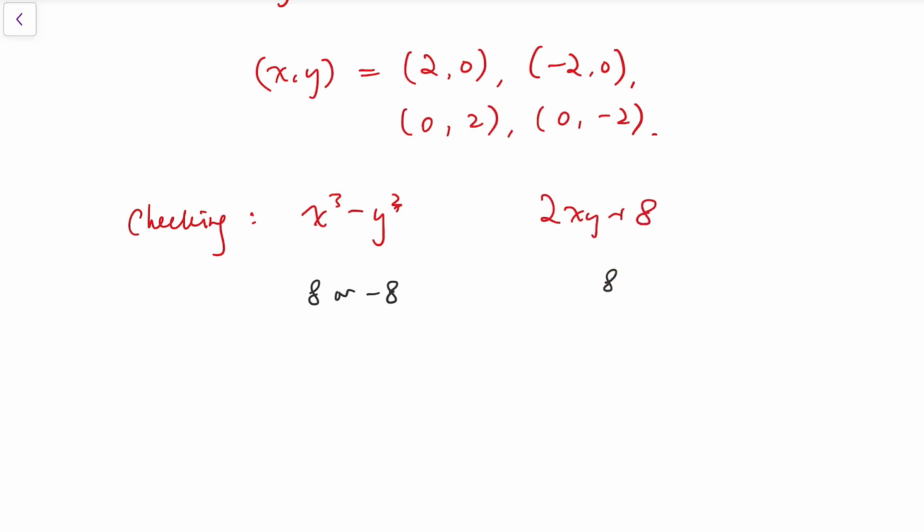So we can reject the cases that give x cubed minus y cubed equals minus 8. And that would be minus 2, 0, and 0, 2. So our final answer would be 2, 0, and 0, minus 2.